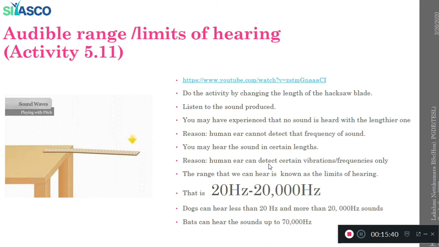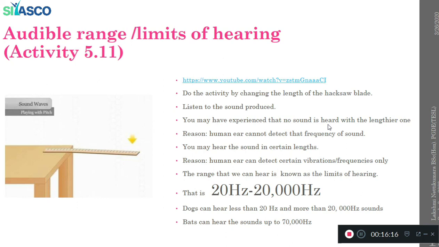In this activity, you have to fix a hacksaw blade or a meter ruler on a desk. In the previous activity, you have already learned that you get higher frequencies with shorter lengths and lower frequencies with longer lengths. The very same concept is applicable here also, so you will find that you cannot hear the sounds from the longer blades. The longer the blade, the lower the frequency.